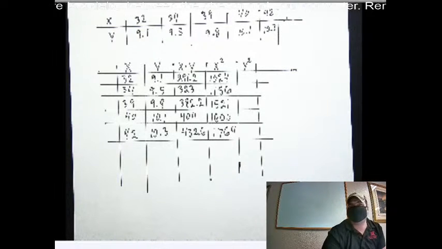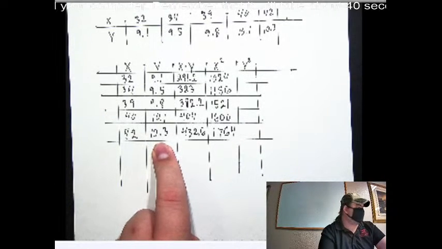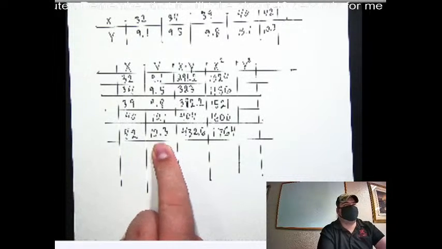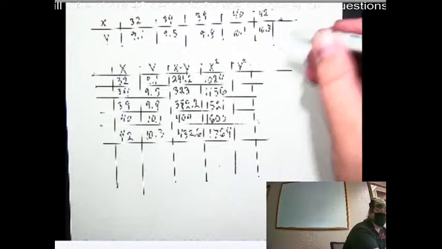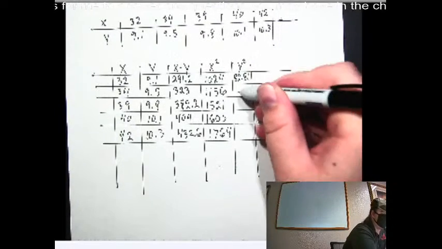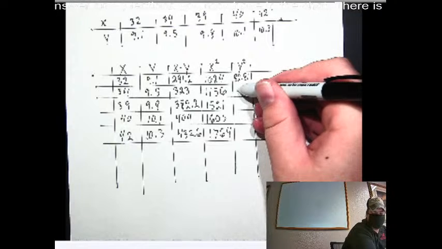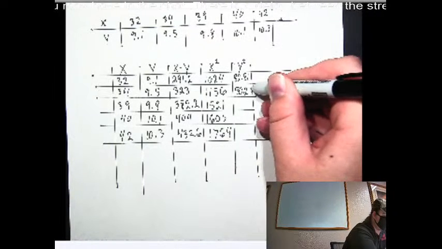Y squared, exactly the same thing that we just did to x, except now we're doing it with these numbers. Okay? So 9.1 squared, we get 82.81. 9.5 squared, we get 90.25.